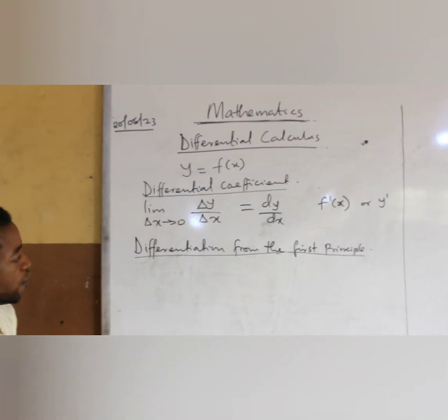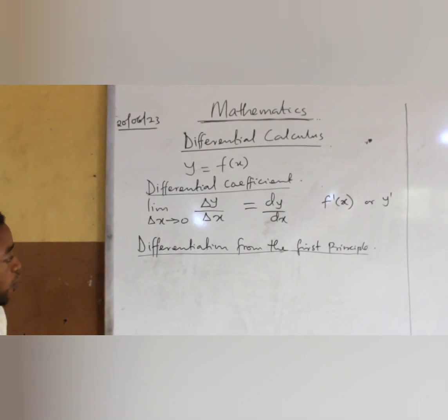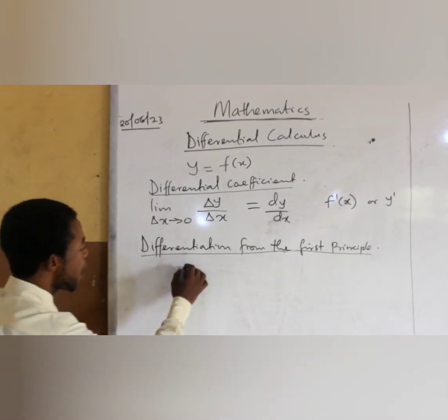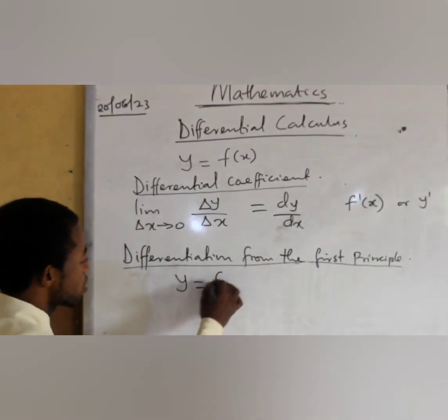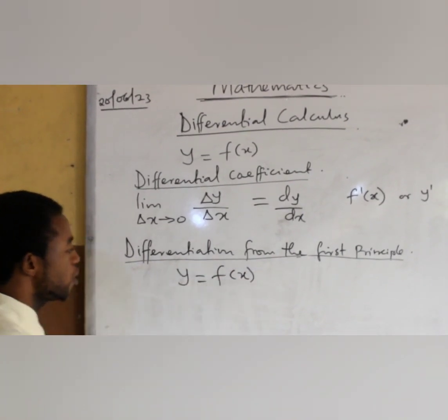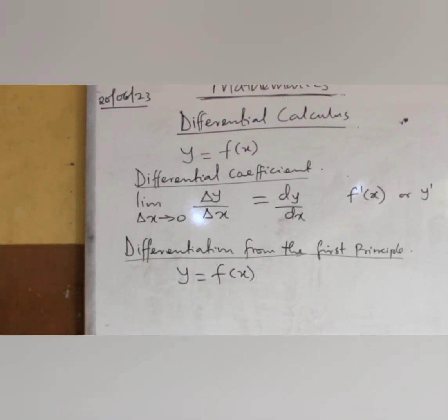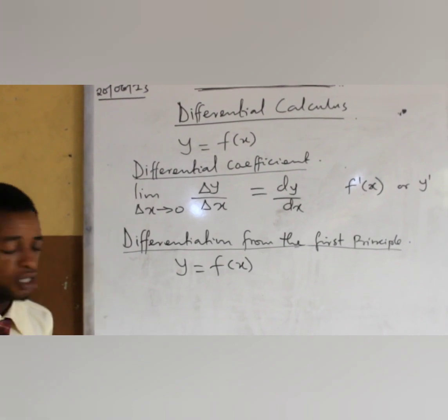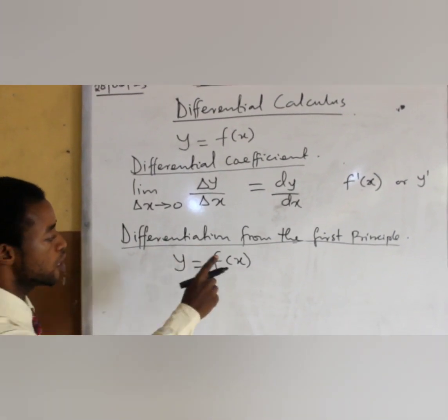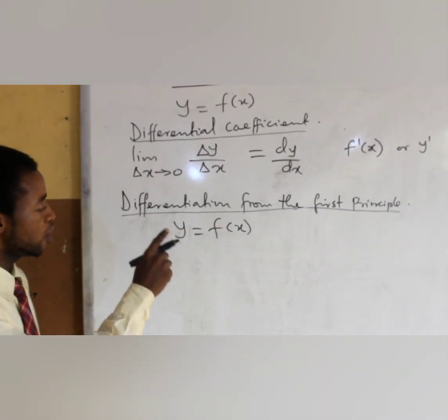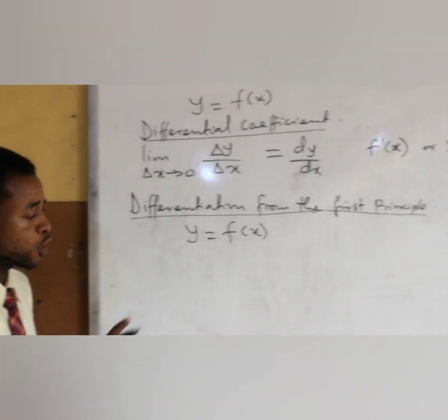Now, looking at differentiation from first principle, the function y equals f of x is the one we are using here. And we add little changes in y and little changes in x, which are called delta y and delta x respectively.